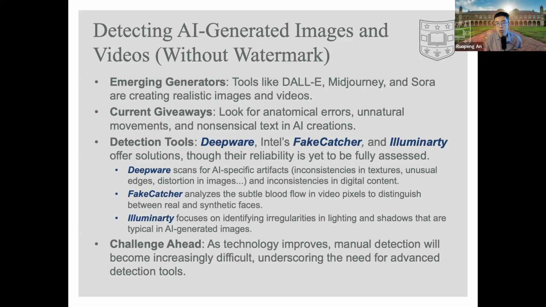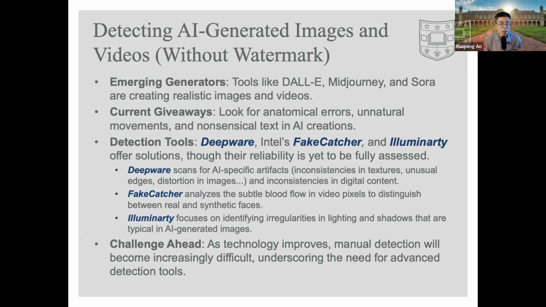And Fake Catcher uses a different algorithm. They try to analyze the subtle blood flow in visual pixels to differentiate real and synthetic faces. The color of the veins on our faces is subtle, but usually the blood flow and vein color generated by AI images are not realistic.